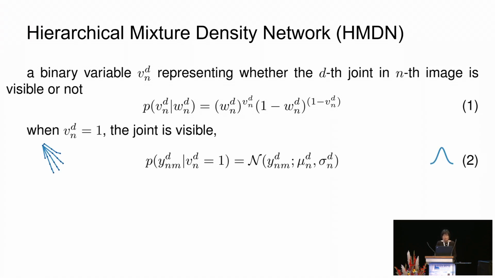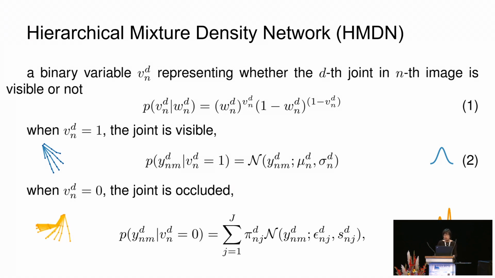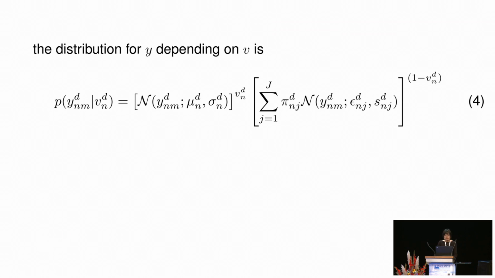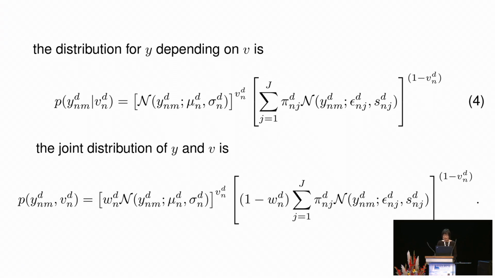When the joint is visible, V is 1, the joint is actually deterministic, but considering the label noise, the location Y is drawn from a single Gaussian distribution. And when V is 0, the joint is occluded, and all the possible locations for this joint can be modeled by a Gaussian mixture model. So the distribution of location Y, depending on the visibility V, is like this. And the joint distribution is given like this.